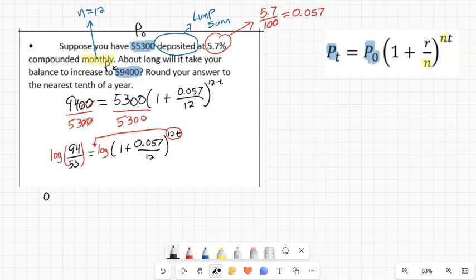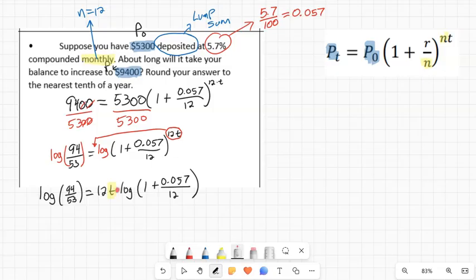So we now have log of the fraction 94 over 53, or you could still have 9,400 over 5,300. And then we can bring the 12t out in front of the log of all that mess, the 1 plus 0.057 over 12.